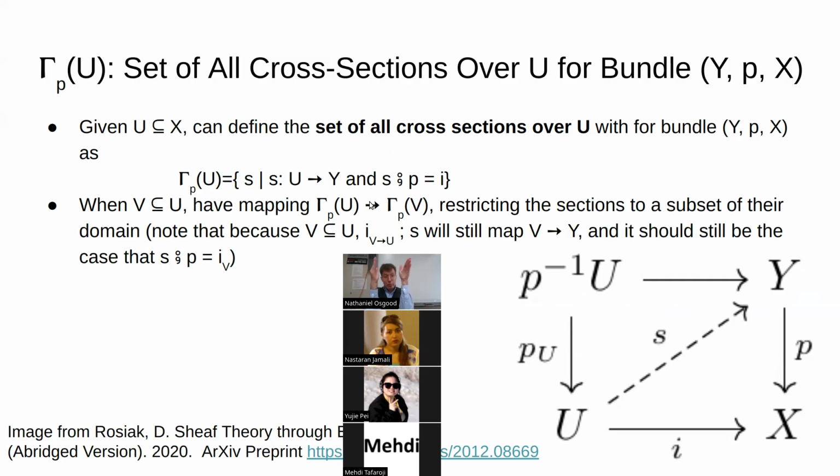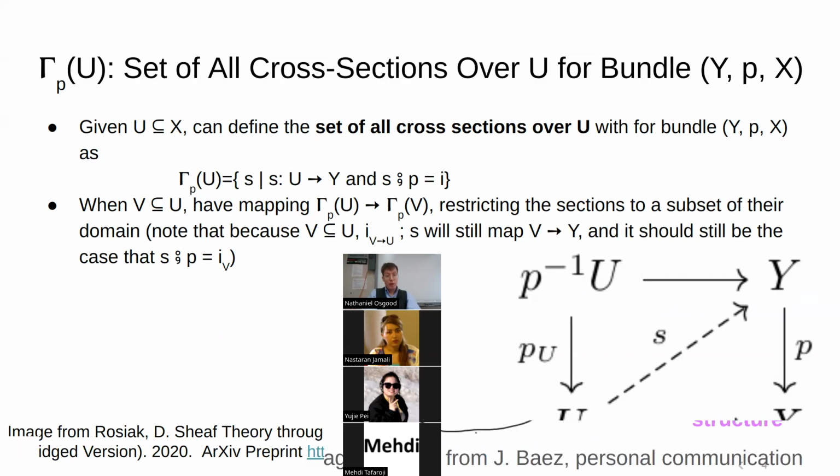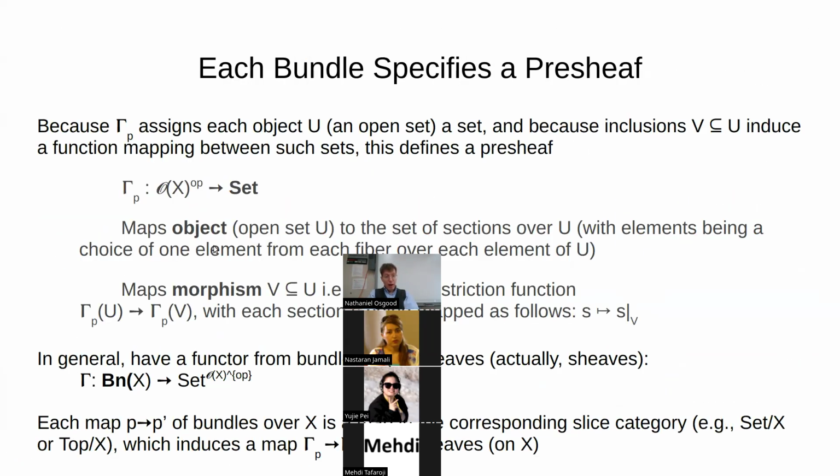Given a section over U, we turn it into a section over V, right? And that's why it's contravariant. If we have a map from V to U, it's a pre-sheaf here with the op, right?